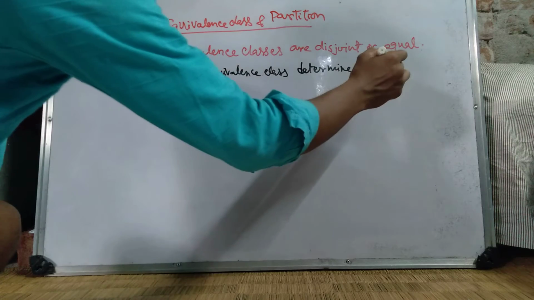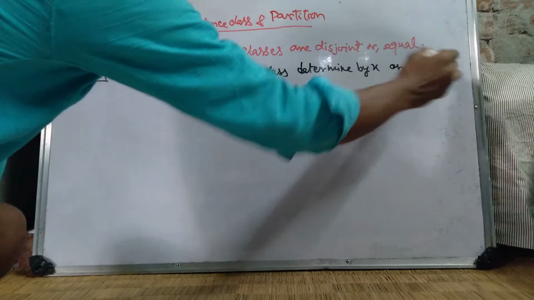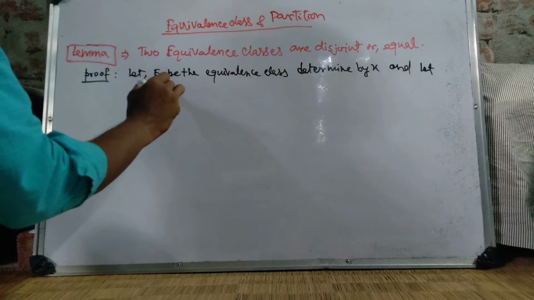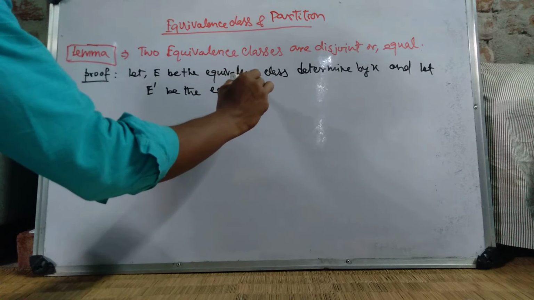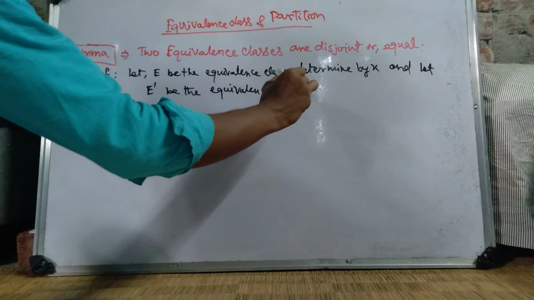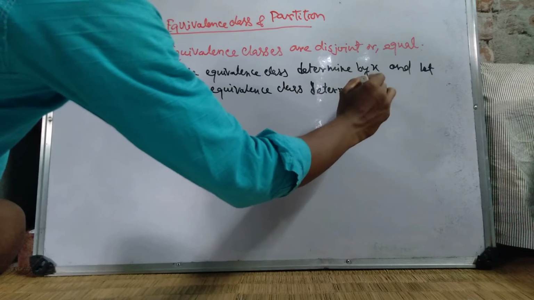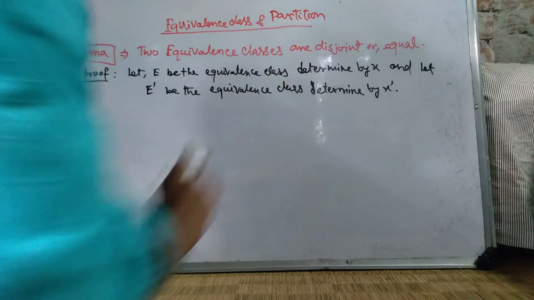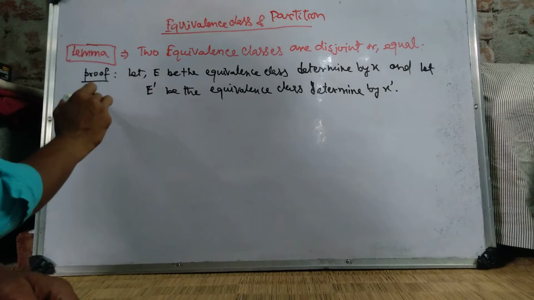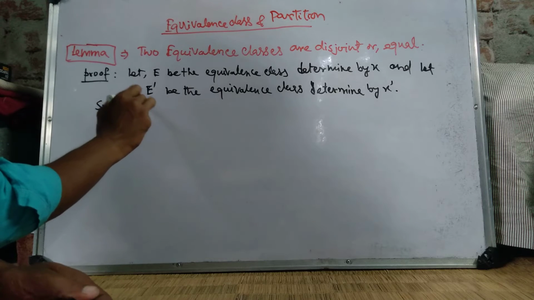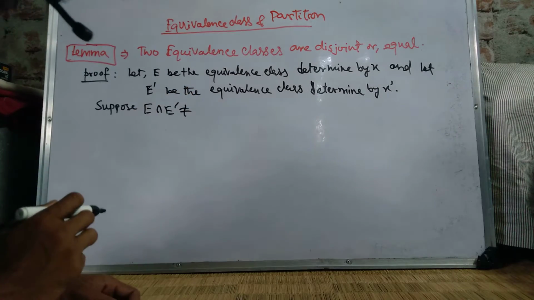And let E dash be the equivalence class determined by X dash. Then suppose E intersection E dash is not equal to phi.